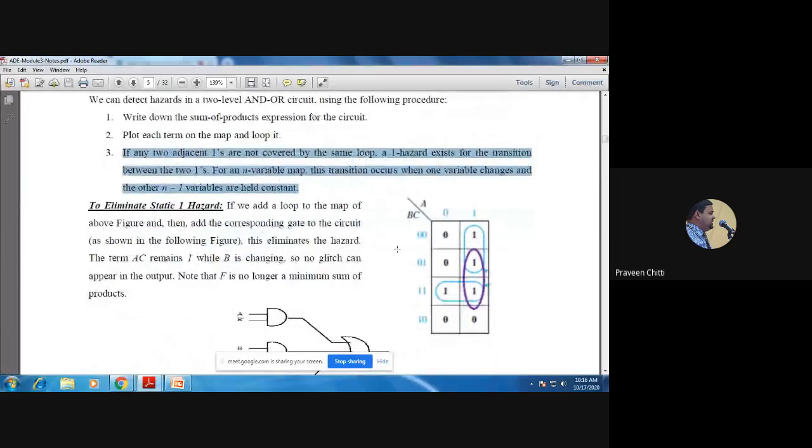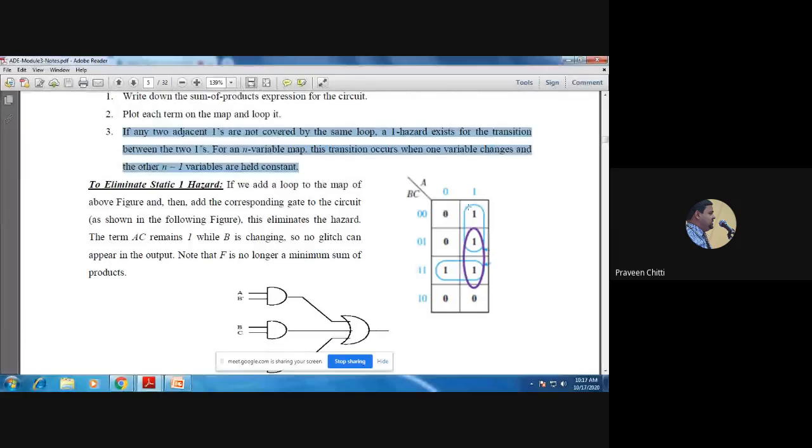So you take this particular K-map. Normally, you form one pair of these two 1s and another pair of these two 1s, and you get the simplified expression A B bar and BC.